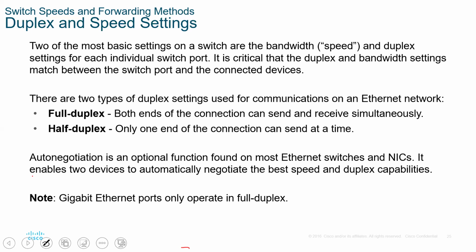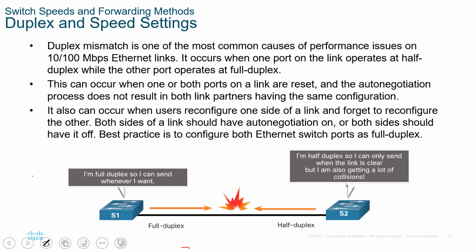But sometimes, like we said, auto negotiation is an optional function found in most Ethernet switches and even network interface cards. What does it do? It helps the two devices automatically negotiate the best speed or duplex capabilities.